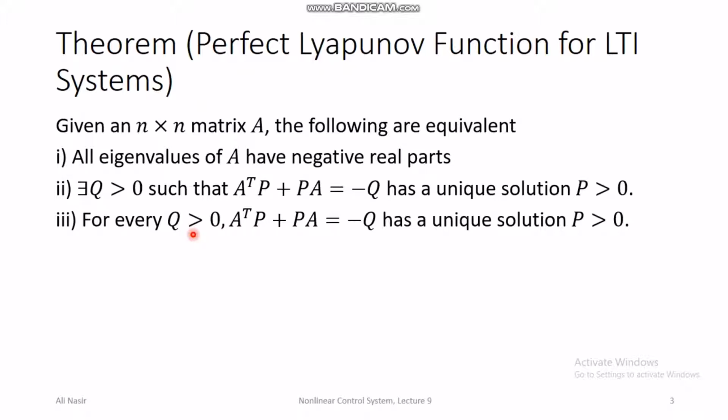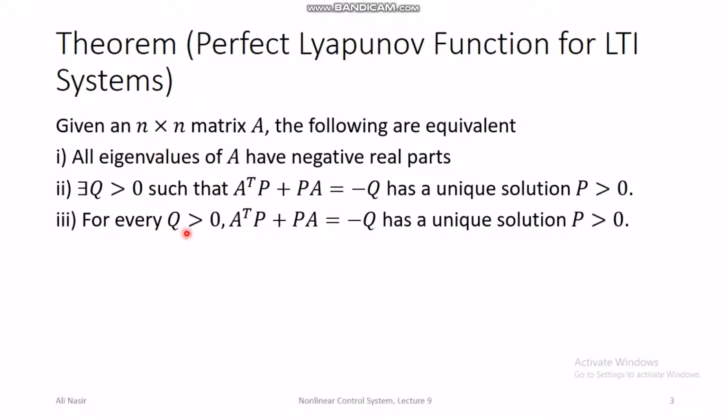Because the second statement is a little bit weak, that there exists some Q greater than 0, which means that we may or may not be able to find that Q. This third statement says that if this equation is solvable for some Q, then it is also solvable with every single possible positive definite matrix Q of size n cross n.